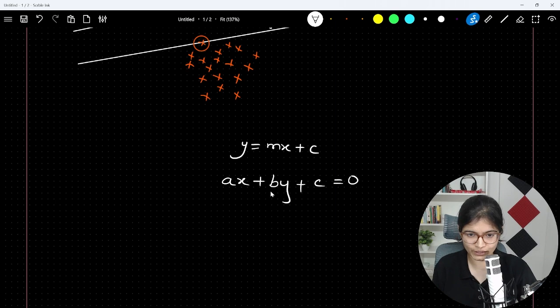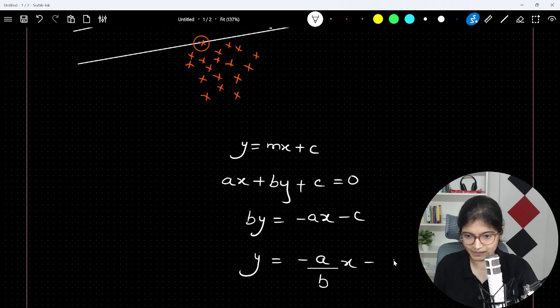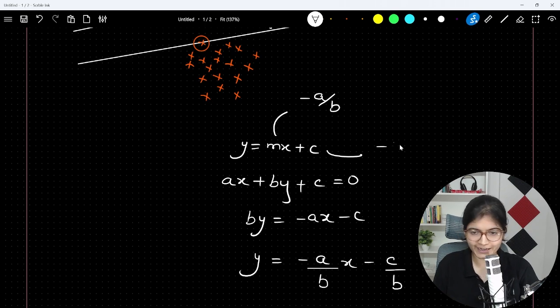how can you write this equation? You can say by = -ax - c, or in other words, y = -(a/b)x - c/b. So can I say that this m signifies the value of -a/b, and c signifies the value of -c/b, right? y = mx + c.